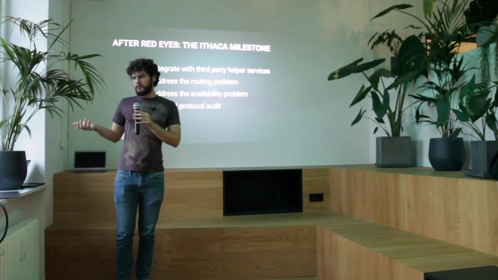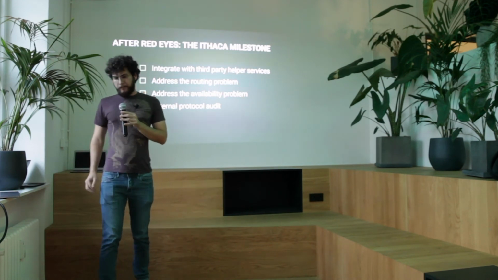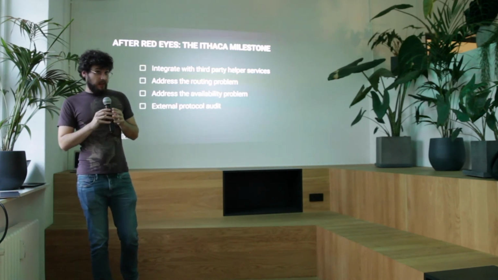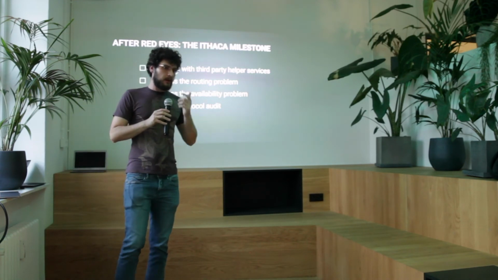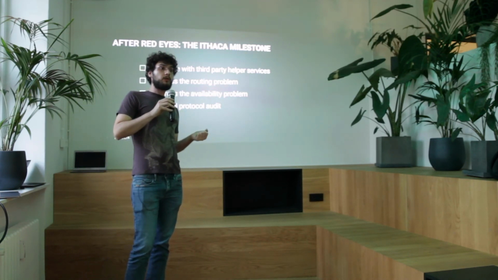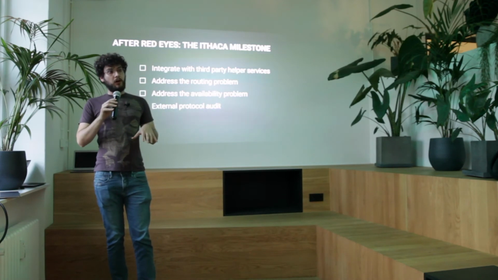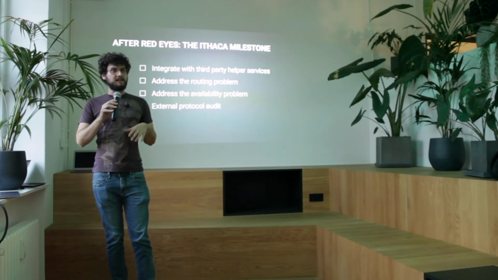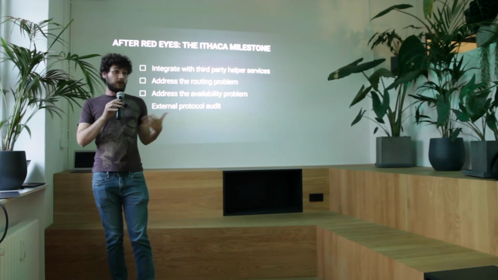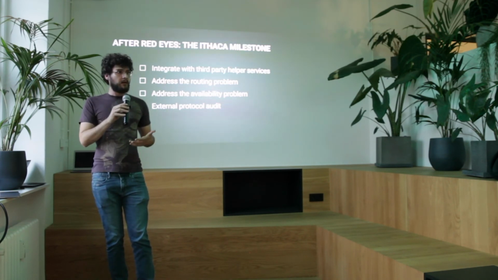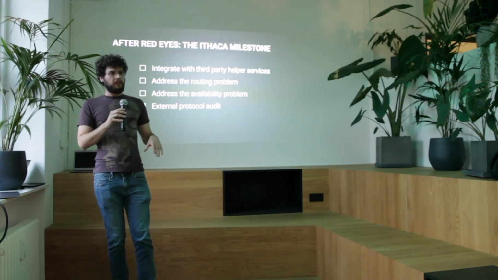So what else are we going to do after Red Eyes? We really need to implement what we call a monitoring service. This is called a tower in the Lightning Network. Right now, you cannot turn off your Raiden node unless you close the channels, because otherwise you're trusting your partner to provide the data that you require on your behalf, and we don't have trust in the system.